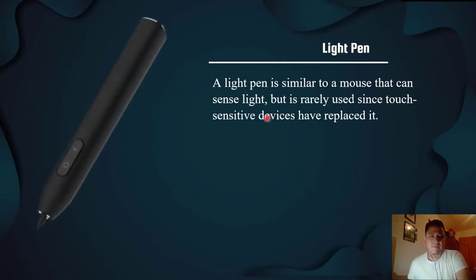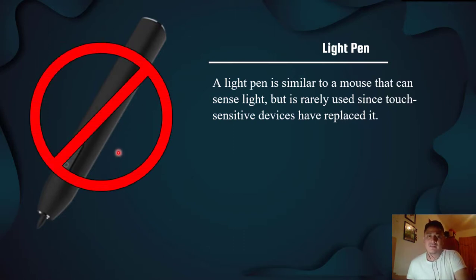Light pen. A light pen is similar to a mouse that can sense light, but is rarely used because touch sensitive devices have replaced this. Before, people used to use this with other machines, but now we don't use them because, as I mentioned, the touch sensitive devices have replaced them.